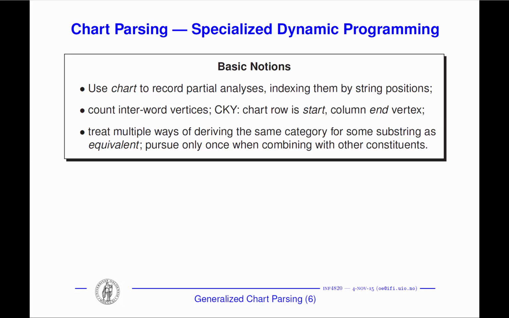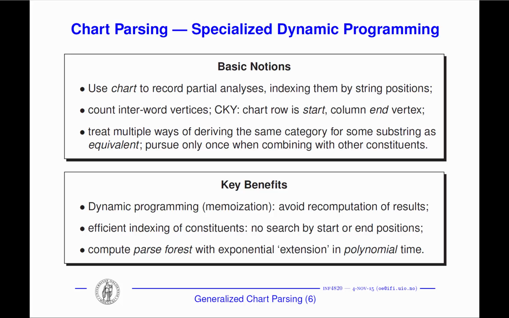We make sure to bound or pack local ambiguity by treating multiple ways of deriving the same category for one substring. That's what we call local ambiguity. And we treat multiple such ways as equivalent and pursue only one of them, or pursue such a set of multiple ways only once when combining with other constituents.